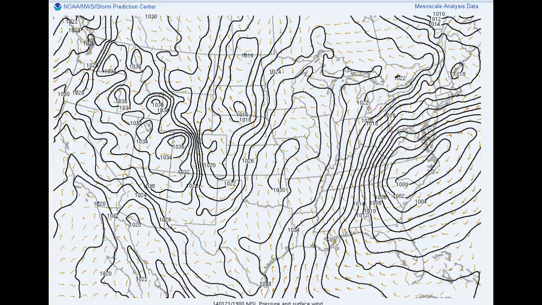Here's our surface map, and you can see here we have a couple of reflections. A low looks like one elongated low, but what's really happening here is we have one low in here, another low is starting to develop out here, and this is the one that's going to take over. You can see easterly flow starting to really get going up here, and with the cold air in place, once the low gets cranking, I think we're going to see these echoes up in here.